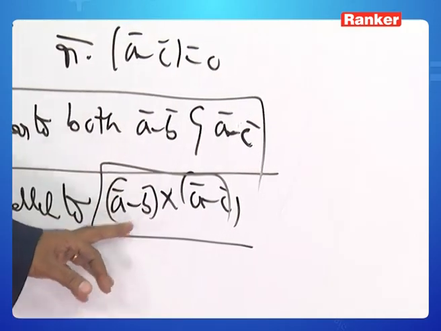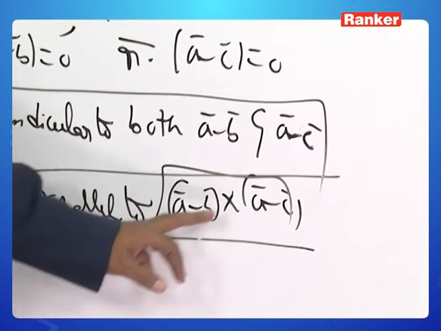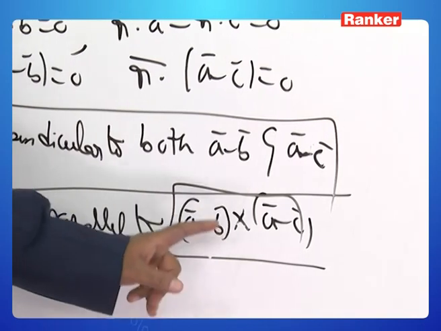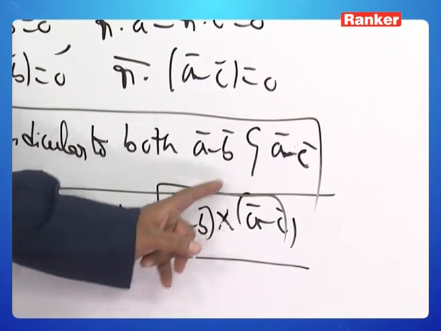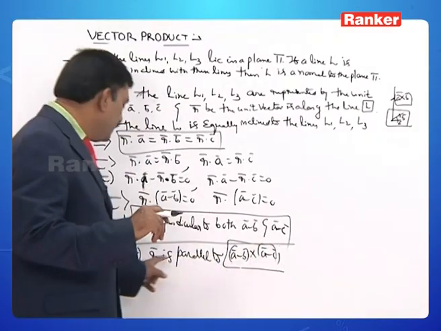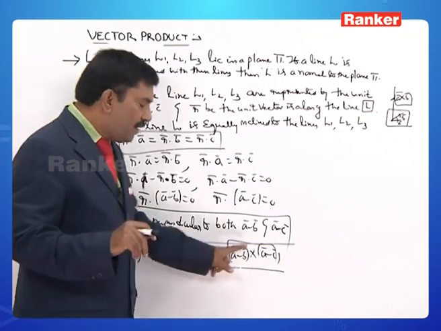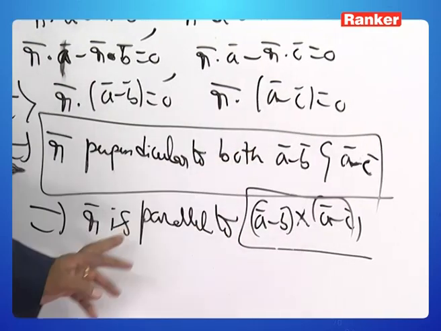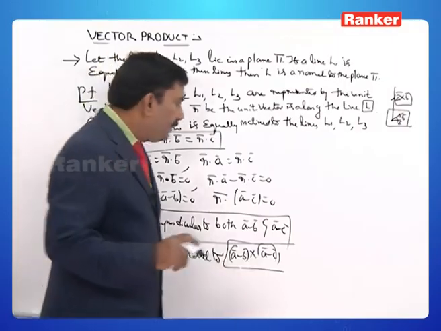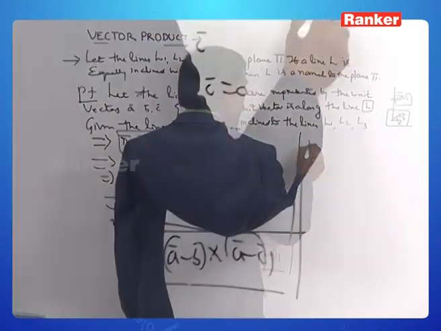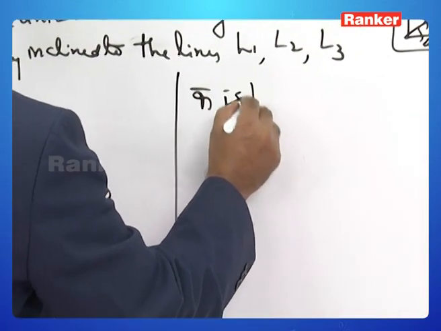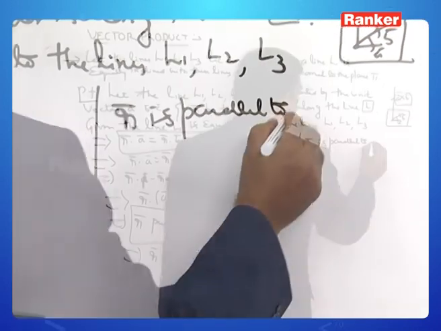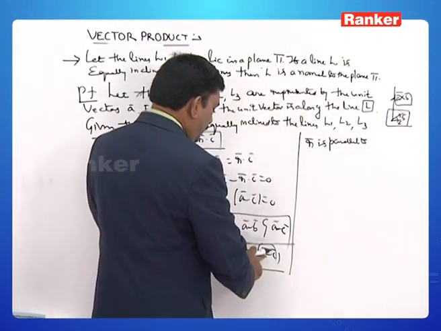What is this? A bar minus b bar cross a bar minus c bar is a vector perpendicular to both a bar minus b bar and a bar minus c bar. This is nothing but r bar, when r bar is parallel to this. So when this is perpendicular to both, certainly r bar must be this. Which implies r bar is parallel to a cross a, and a cross a becomes 0.